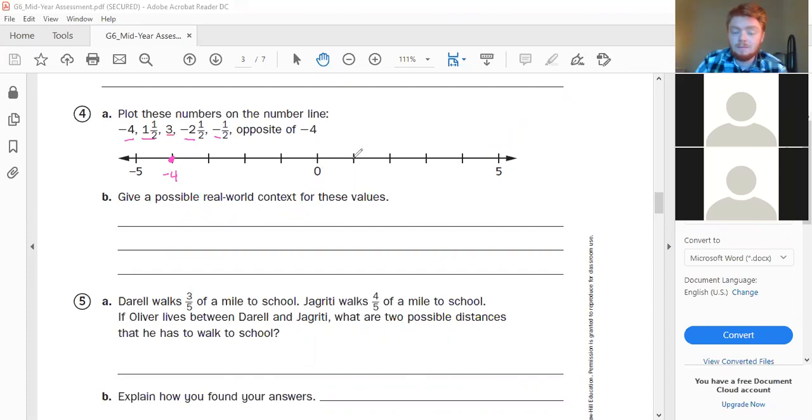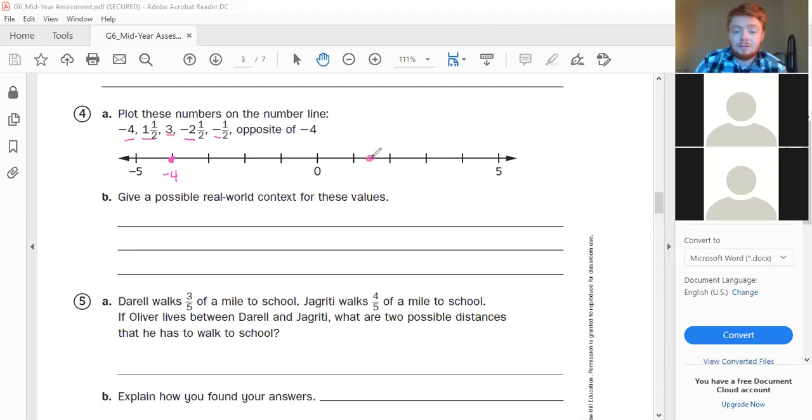So right here? No, not there. Do you want me to go left or right? Right there.